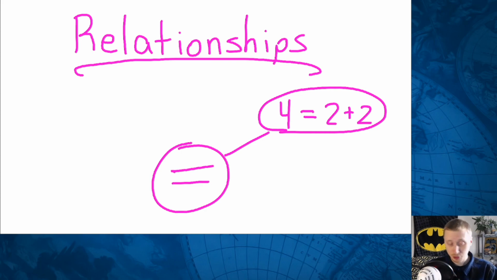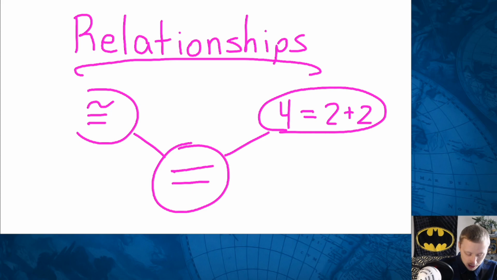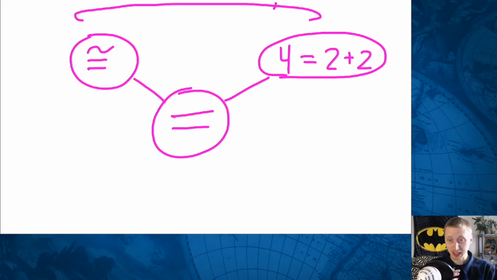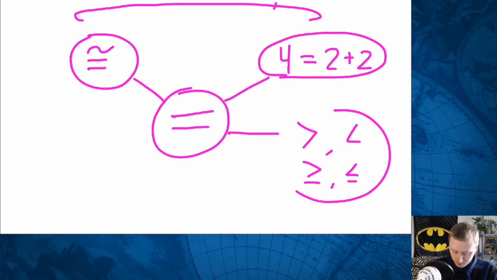Now, in addition to equality, we could go into the realm of geometry and talk about congruency, where things have the same size and shape rather than just amount. That's another very related idea. We could also go in another direction and use greater than, less than, greater than or equal to, or less than or equal to.